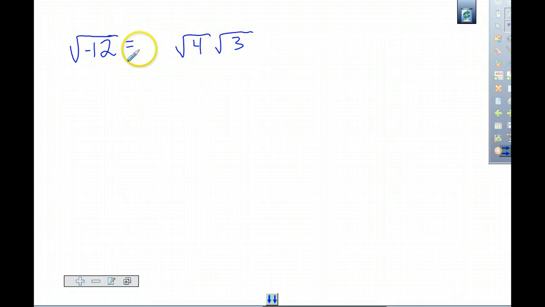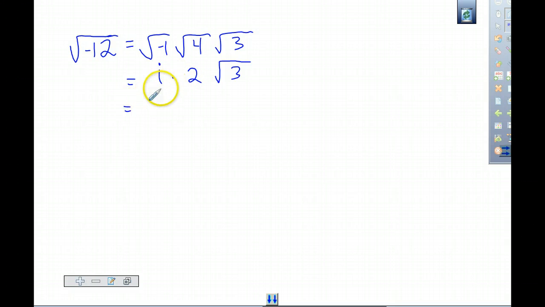But now we have a negative, so it's negative 1 also. So we have square root of negative 1 is i. Square root of 4 is 2, and square root of 3 is root 3. You can't take the square root of 3, so we just leave it as it is.